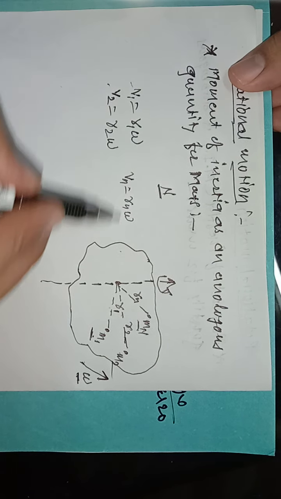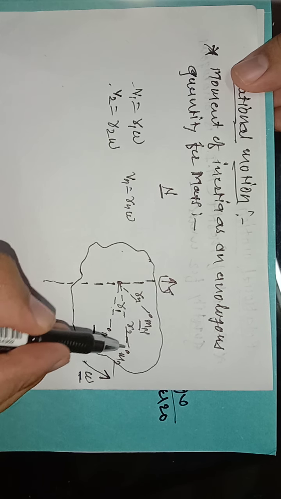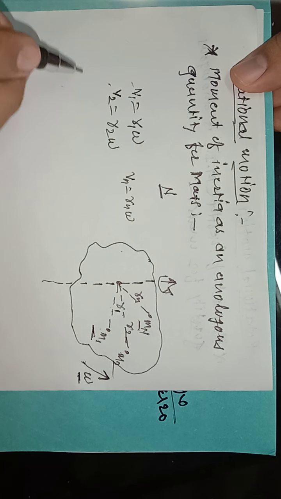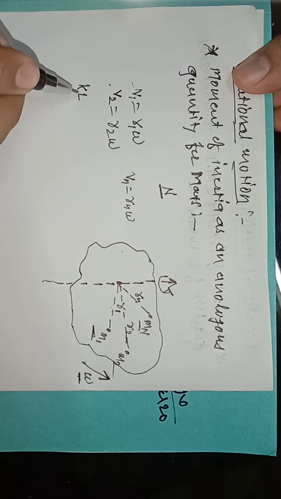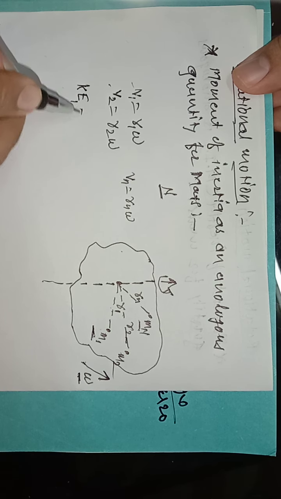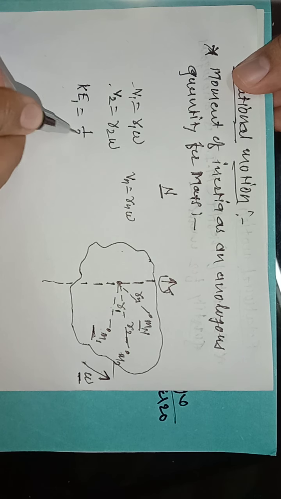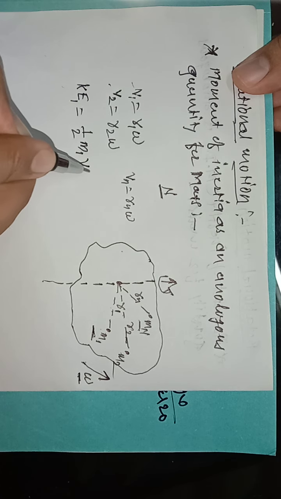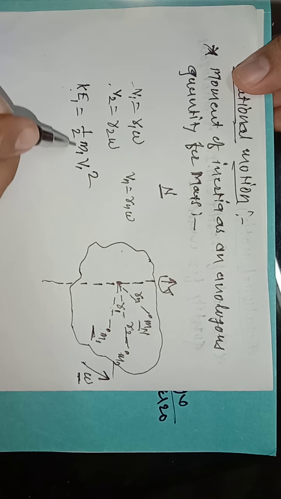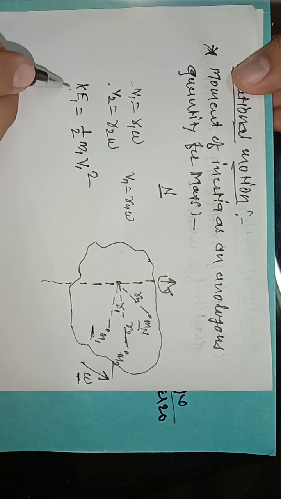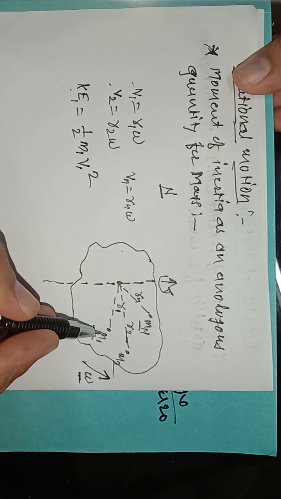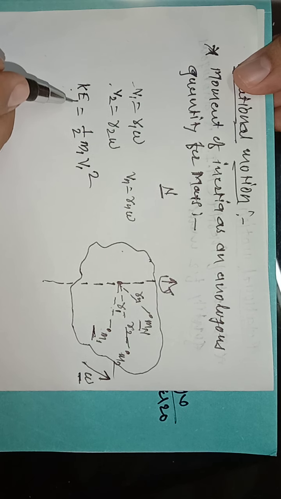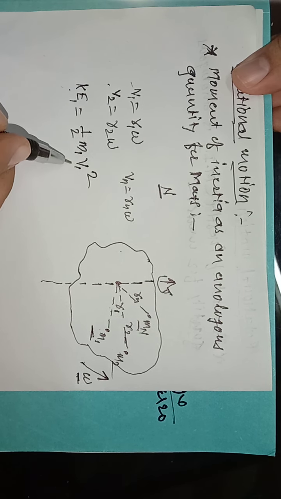Therefore, the kinetic energy of the first particle of mass m1 is given by the formula KE1 is equal to half m1 v1 square, that is, kinetic energy is equal to half mv square.